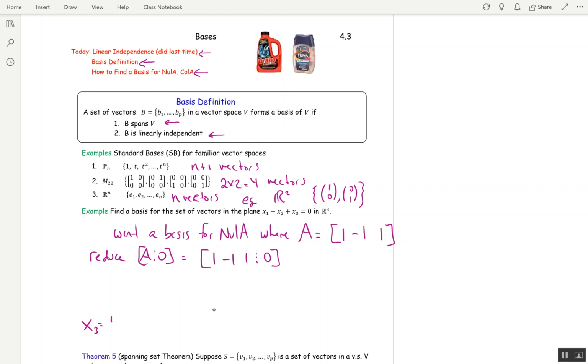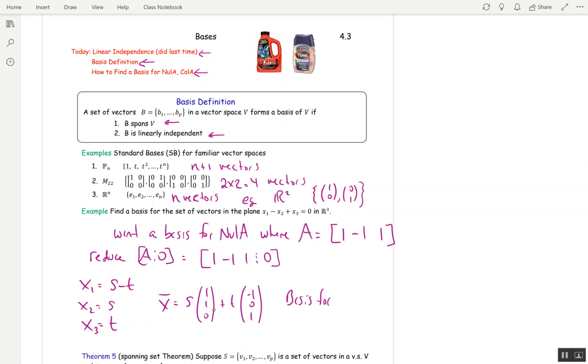x3 is free because there's no pivot in the third column. x2 is free. And x1 is s minus t. So solutions look like s times (1, 1, 0) plus t times (-1, 0, 1). So the null space is spanned by the two vectors you see there.